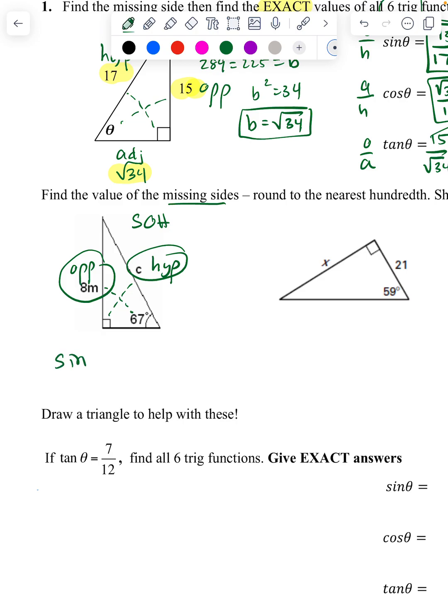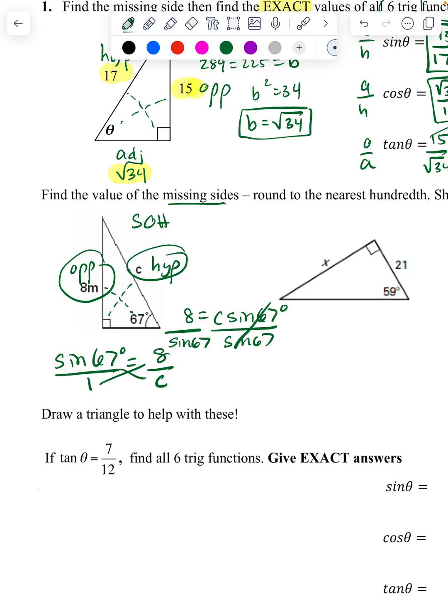So I set it up as the sine of 67 equals the opposite over my hypotenuse. I can always throw this down over a 1. You might have done it like that in geometry. Cross multiply, I get 8 equals C times sine 67. But if I divide that sine 67 out, I'll be able to find just the C value that I'm looking for.